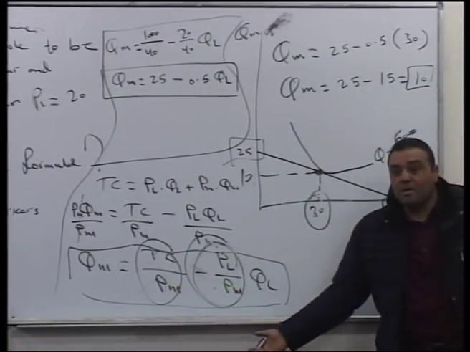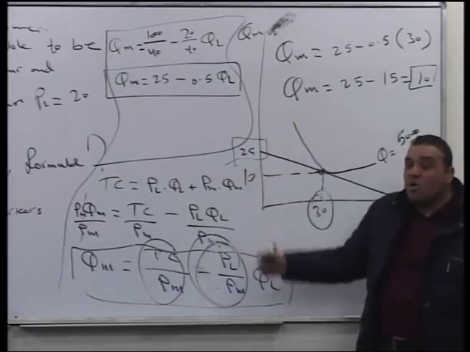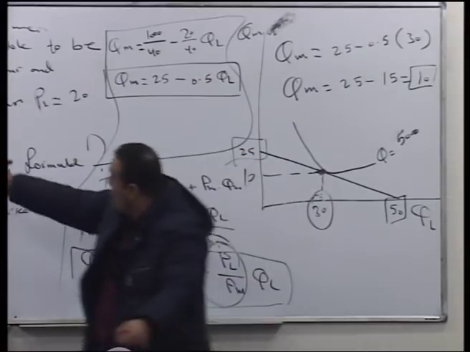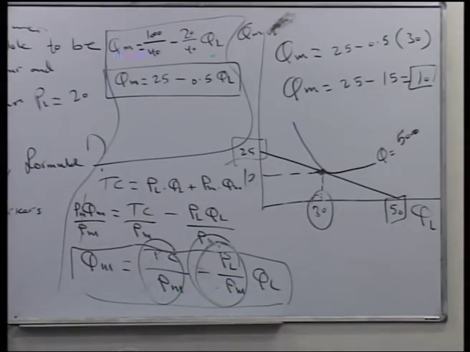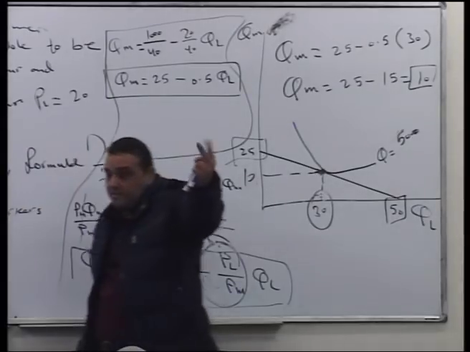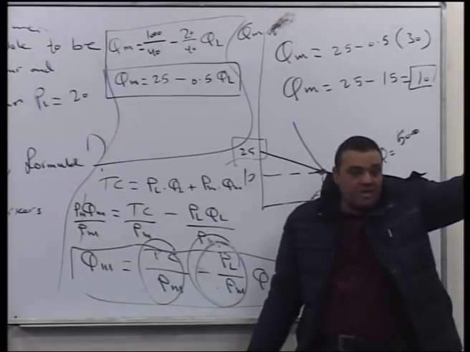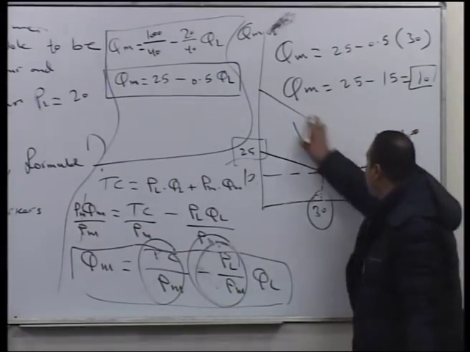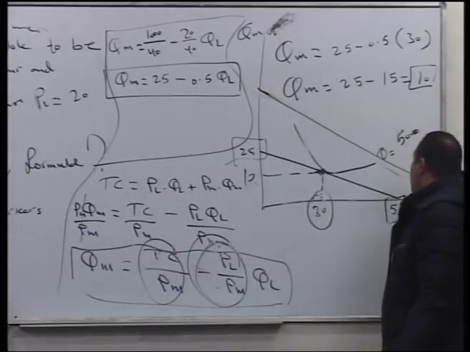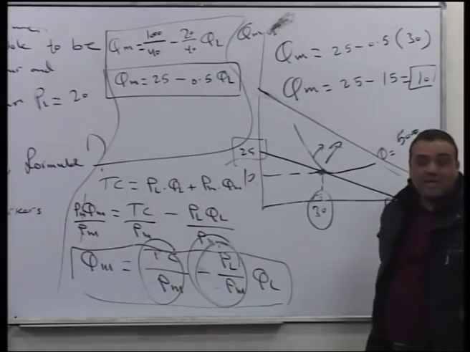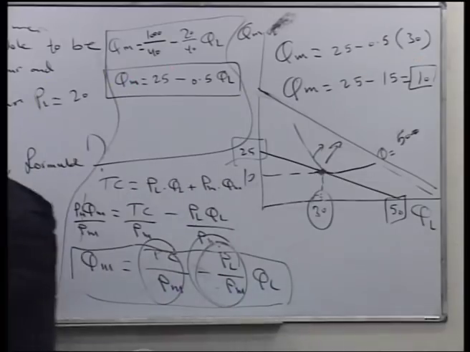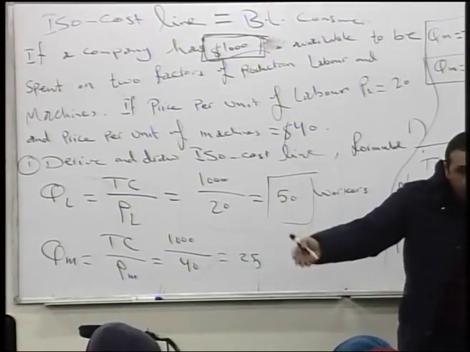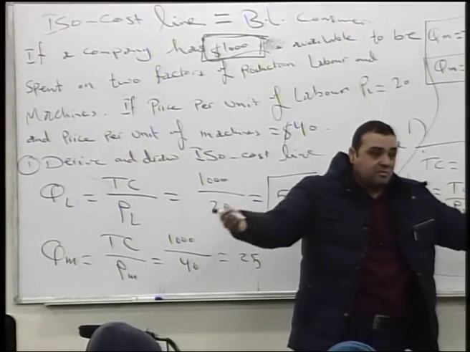What about the slope? If the total cost increased, which means if we have more money, if the total cost increased from 1,000 to 2,000, and the price of M remained constant, the budget line shifts right, parallel to the previous one, right? The question says, what will happen if the total cost increases, or we have more money to buy different bundles, or more workers and more machines?